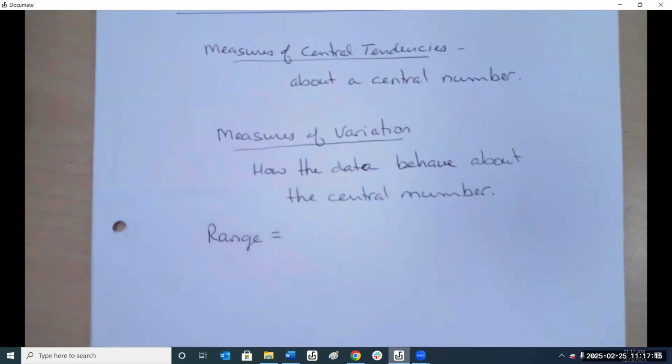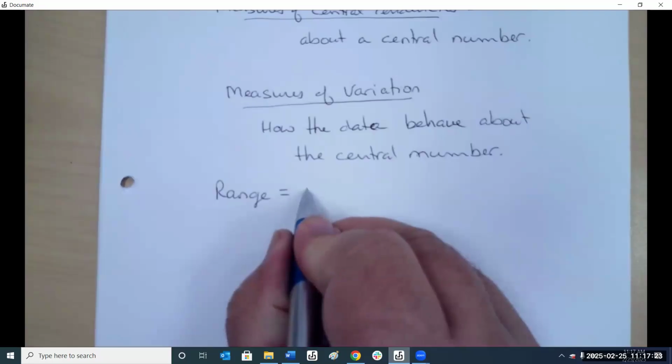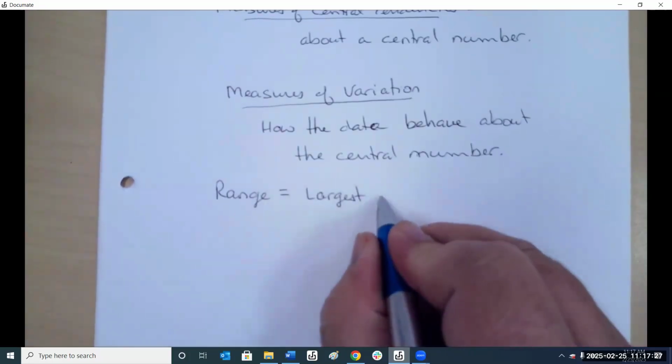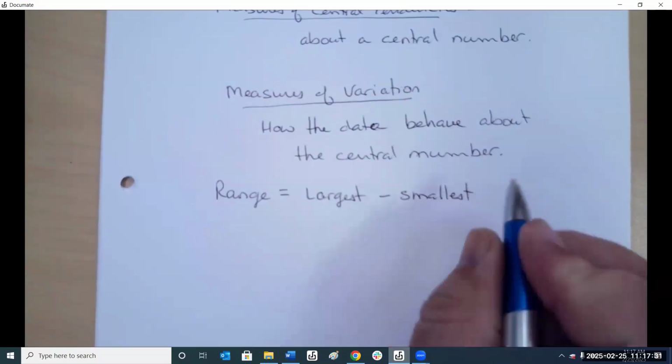The range of your data set. The largest minus the smallest.